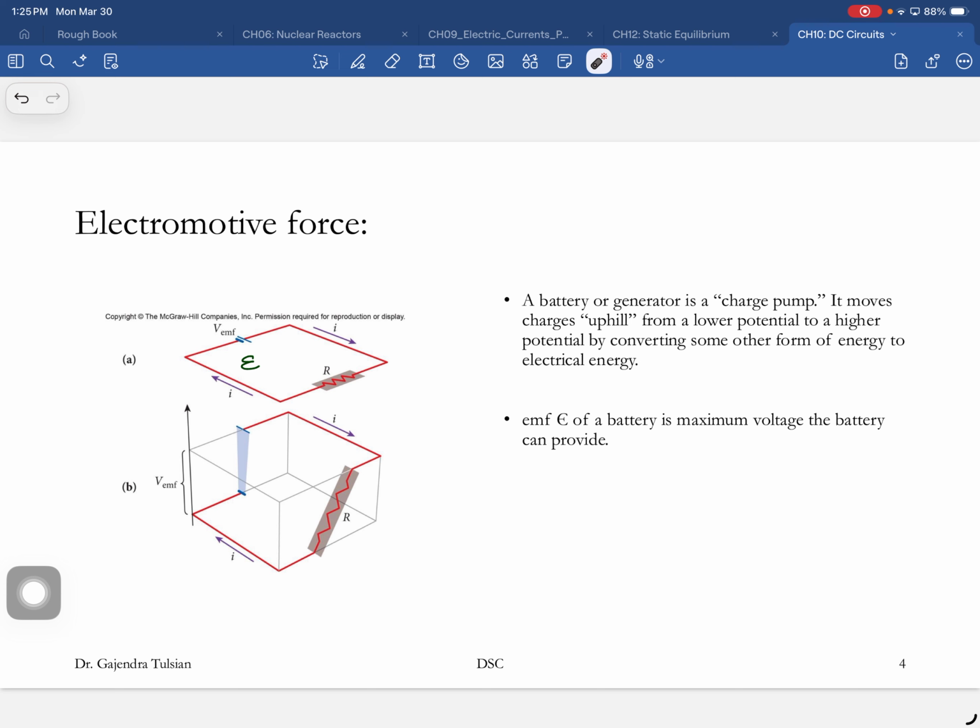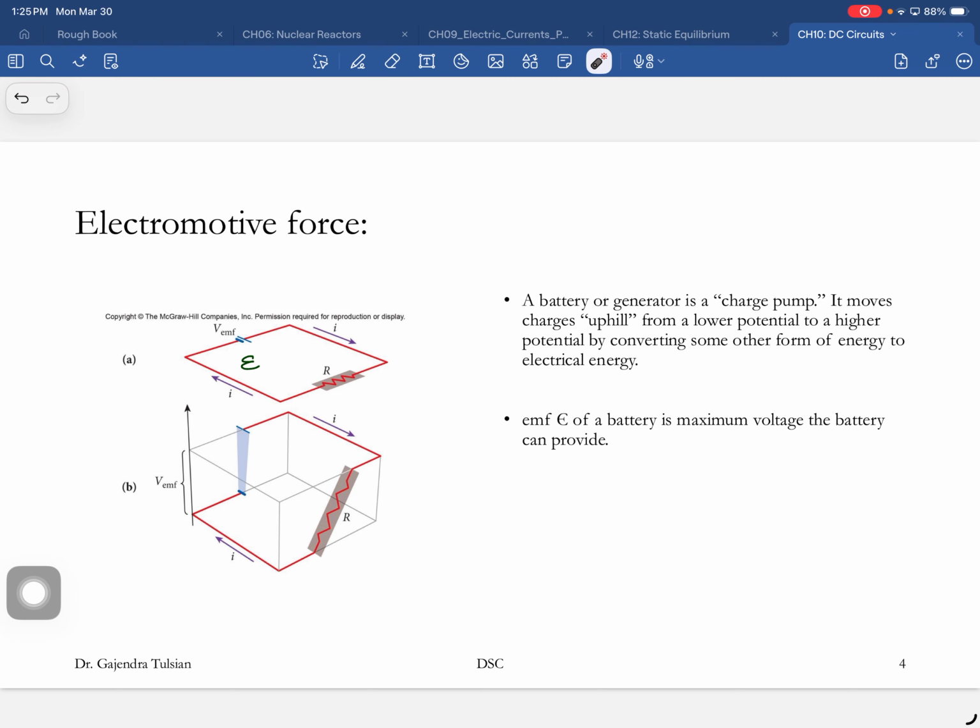All right, so here's a battery. Here's the symbol for the internal resistance of the battery, little r. Here's the load. So this is the outside of the battery. The EMF is the maximum voltage it can provide.